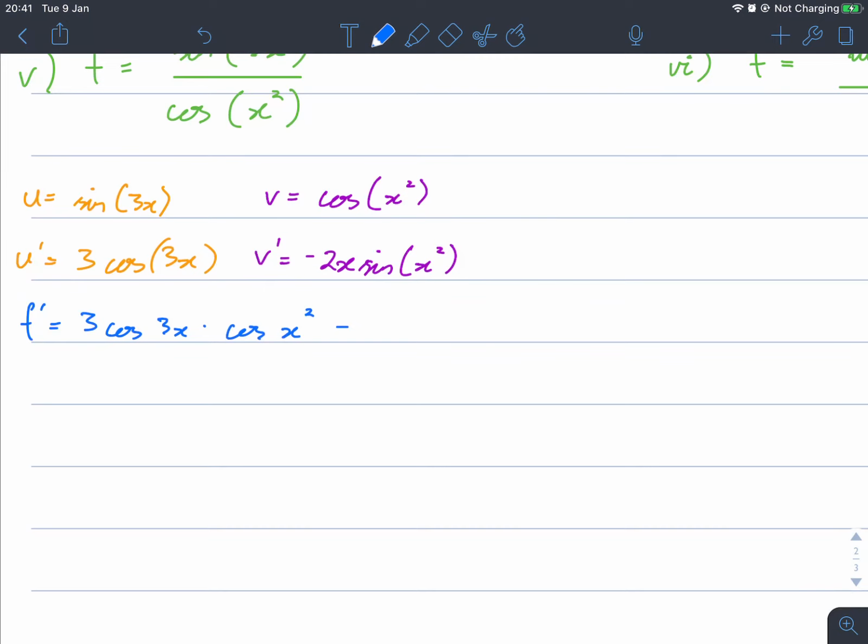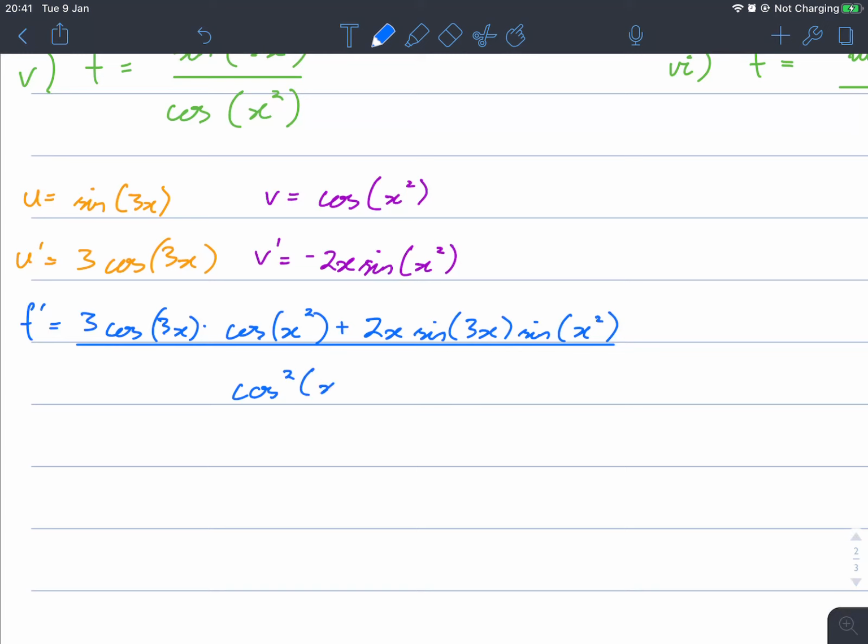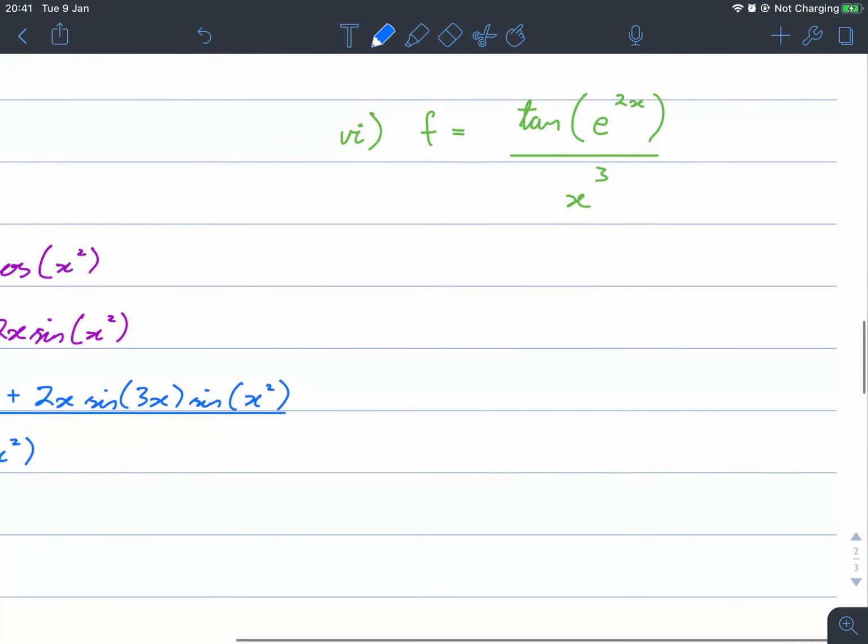This negative will multiply with the other negative, so it's going to be plus 2x sine 3x times sine x squared, all over v squared, cosine squared x squared. Final example here.